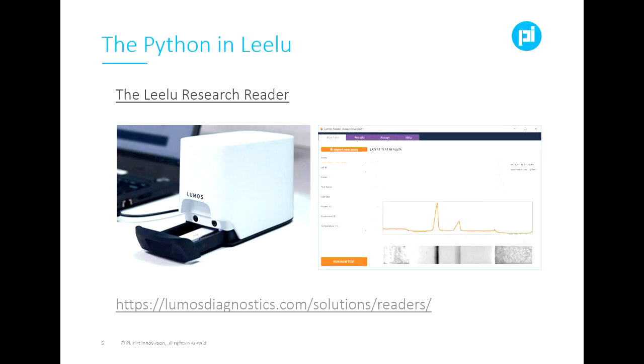The other thing an imaging reader like this can do, though, is give you more than just a positive-negative result. It can actually give you a numerical or quantitative result. So instead of just a positive-negative, you can, say, get the hormone level of a particular marker in the blood, or by taking tests over multiple days, it will let you know if an illness is getting worse or better.